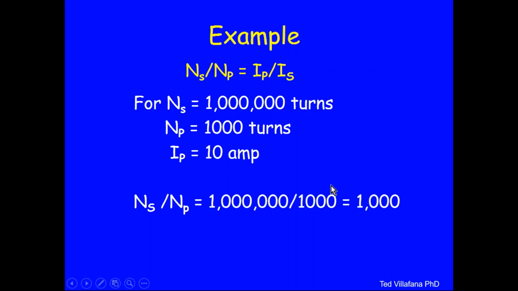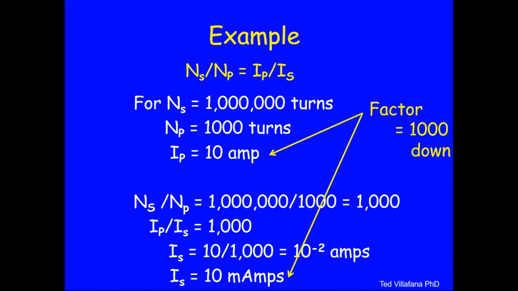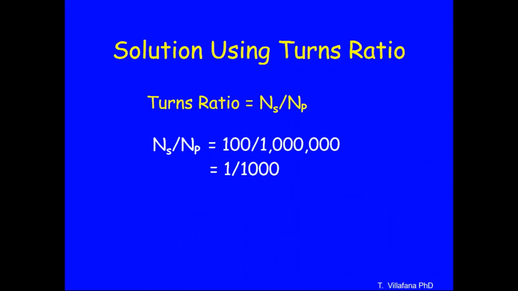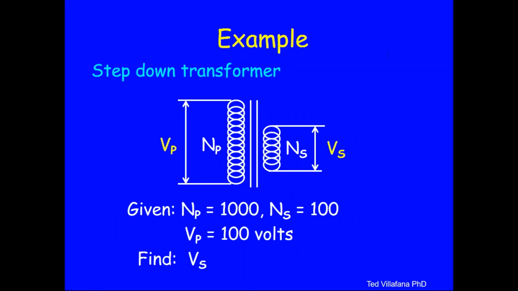So 10 divided by 1,000 comes down to 10 milliamps. Okay, you can do the math on your own. But notice it's 1,000 factors down because the voltage went up by a factor. I'll just lay that out. I'm not going to go through the math. This is just going through the nitty-gritty math.